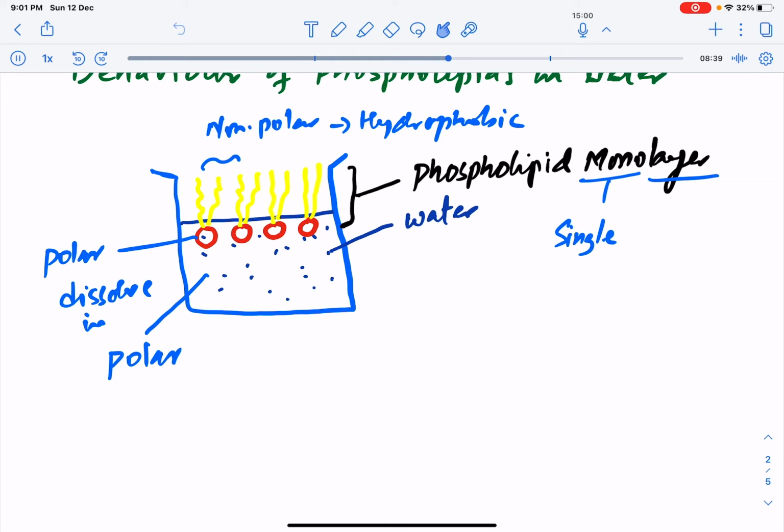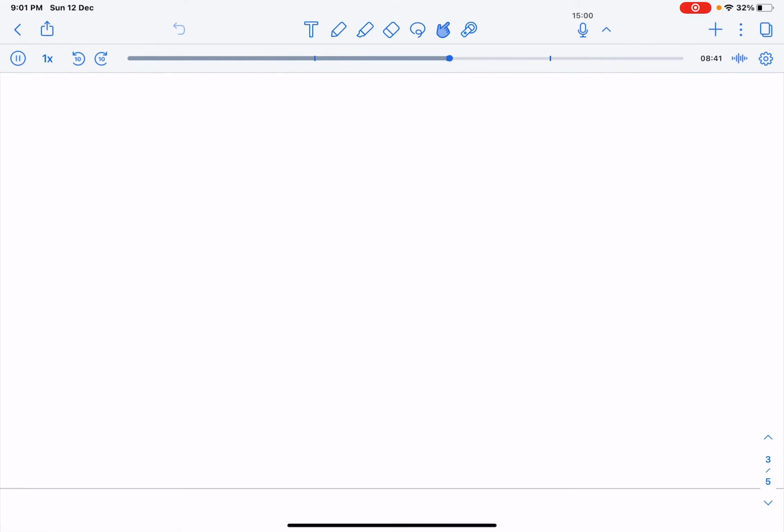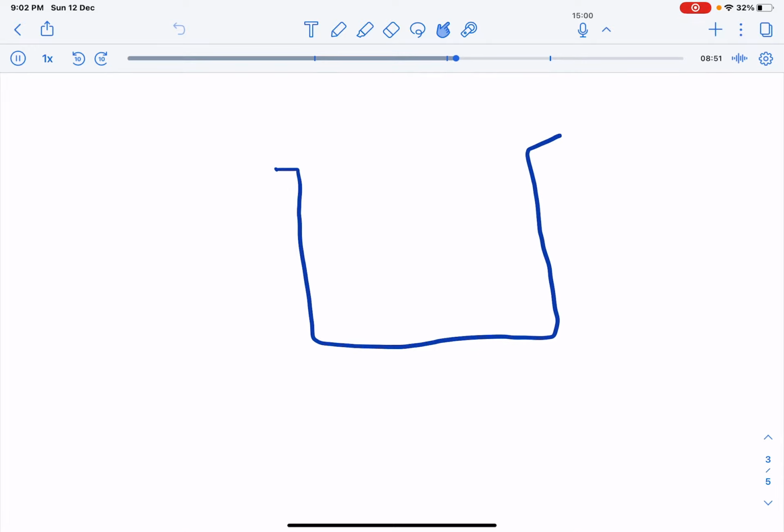Now let's see, if we put a large amount of phospholipids in water, for instance we have this beaker filled with water, and we place a large amount of phospholipids into it, and this water is shaken gently.